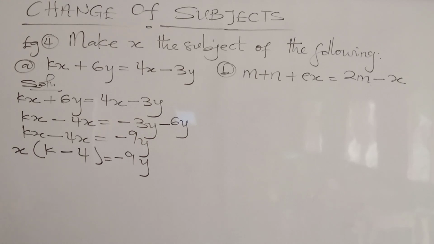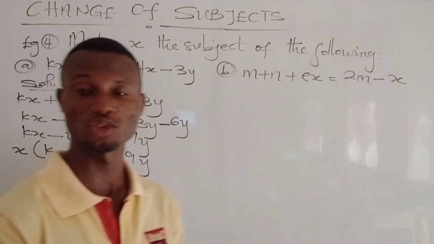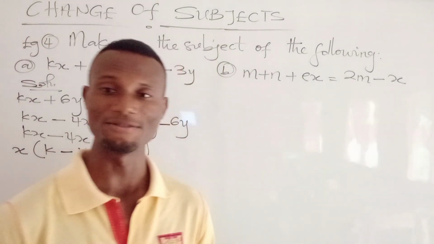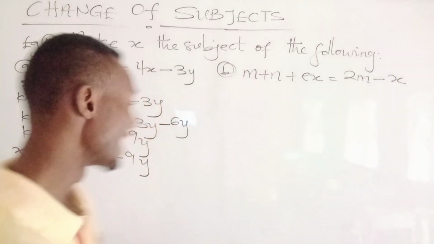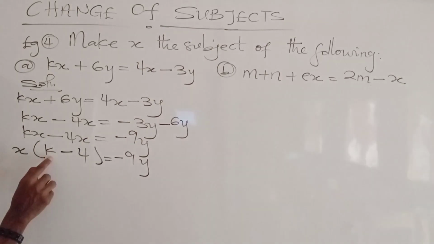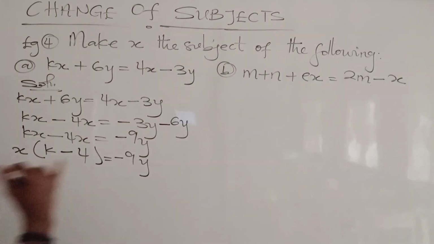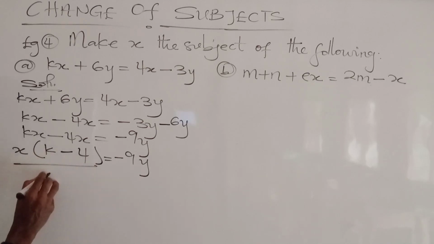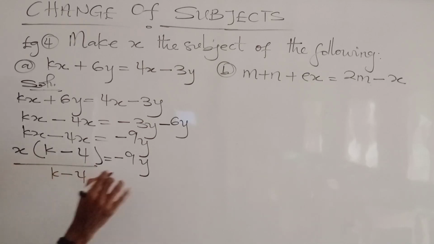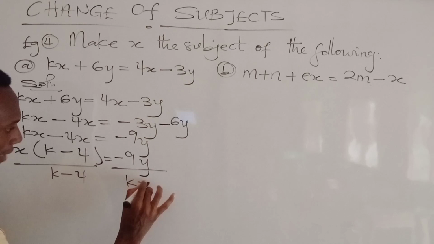So for us to get s to stand alone, we are going to divide through the equation by the coefficient of s, and the coefficient of s here is the k minus 4. So we divide both sides of the equation by k minus 4.